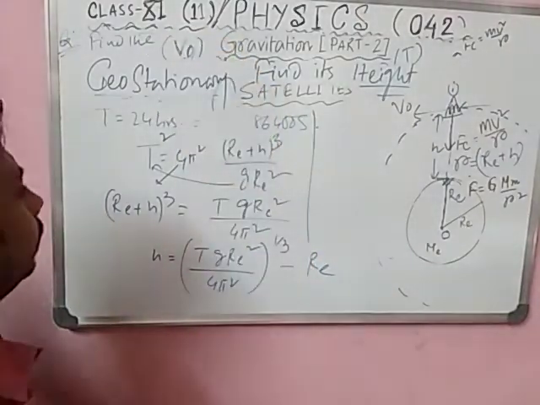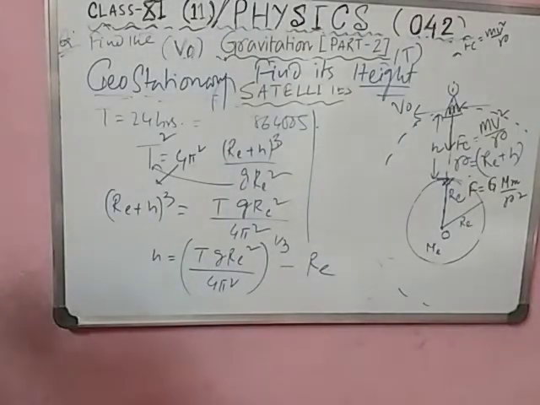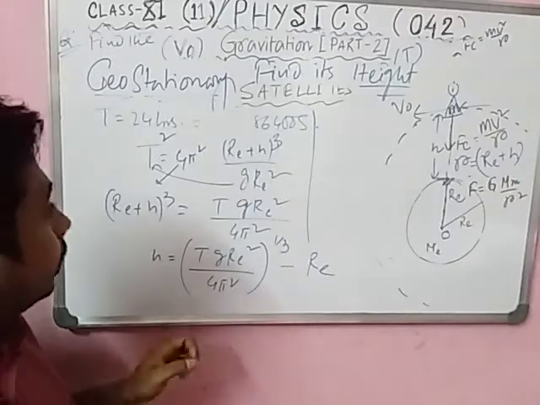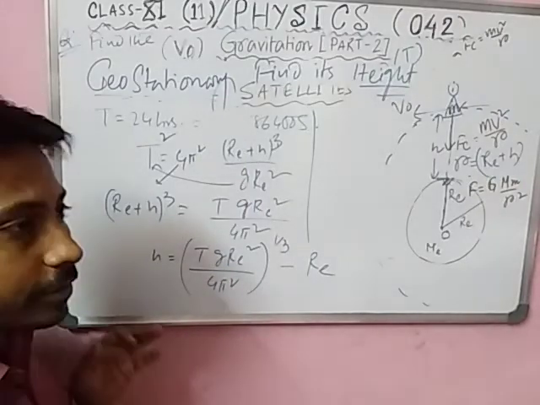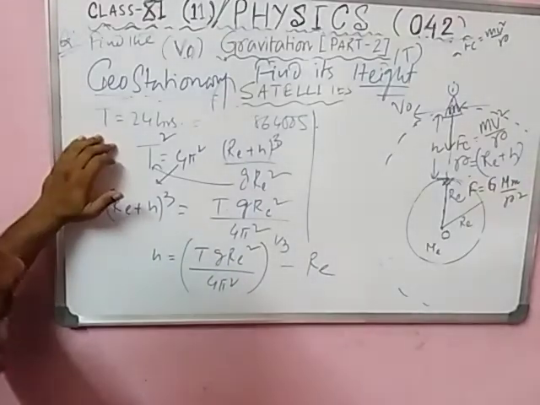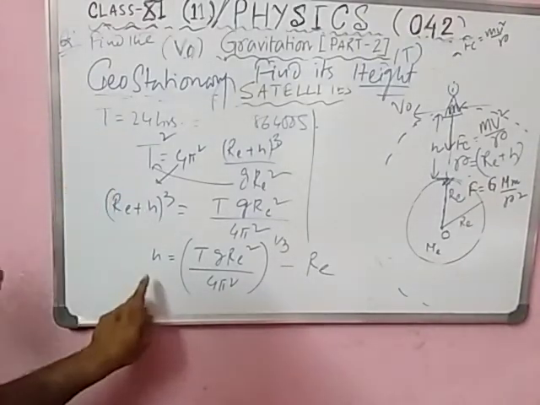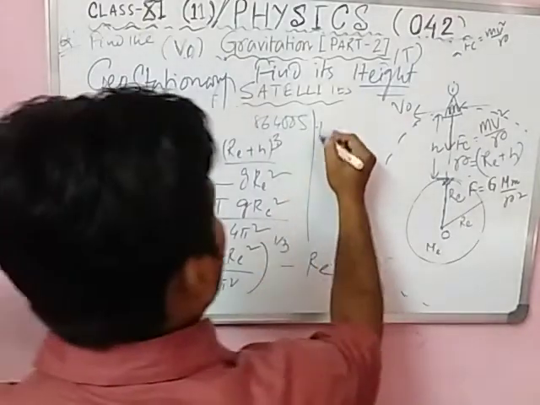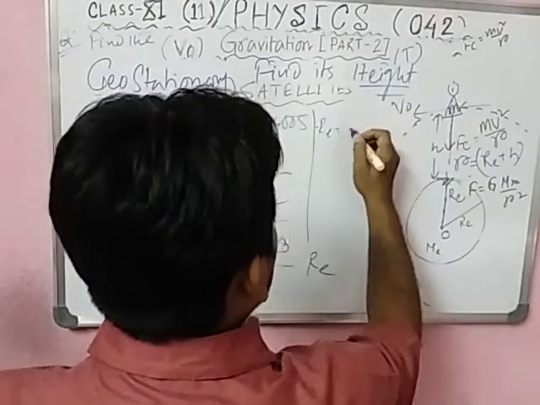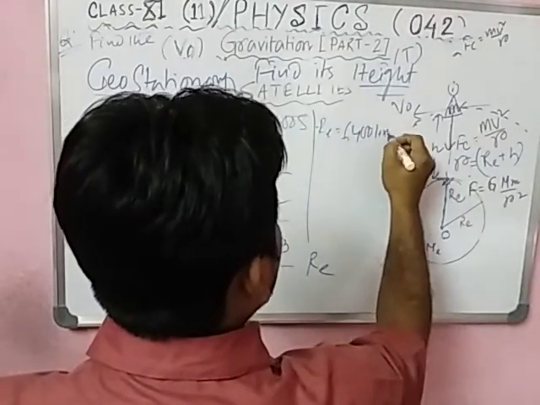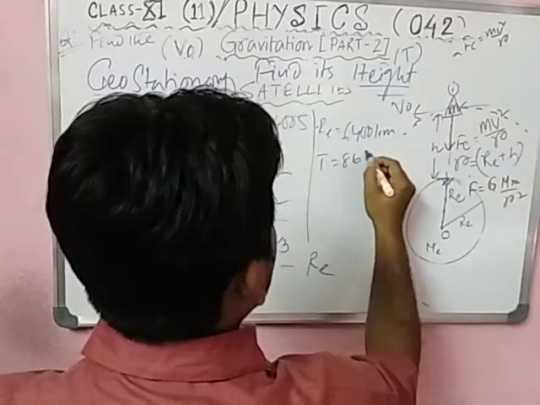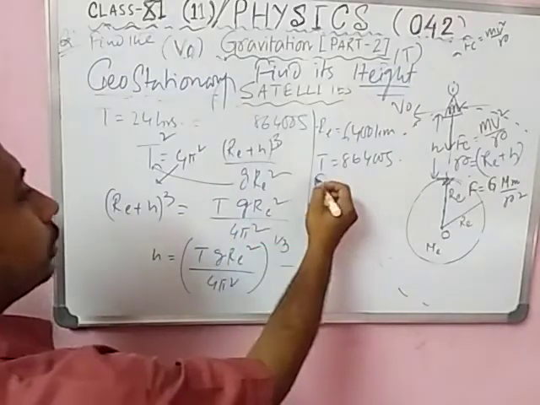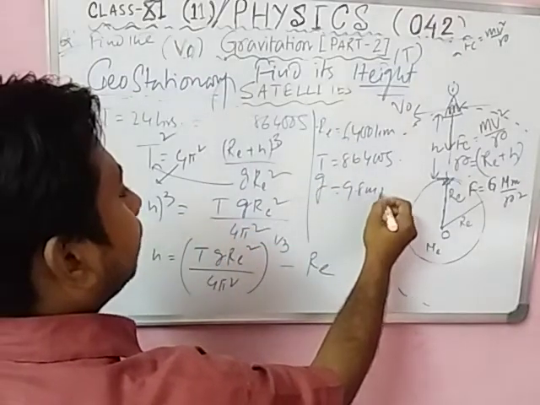See students, whenever you are asked to find the height, first of all you have to find the time period. You should show the calculation of the time period. After the calculation of the time period, we will find height equal to this and then put the value. Here RE is equal to 6400 kilometer, time period of revolution 86400 second, pi value you know, 4 you know, G 9.8 meter per second square.